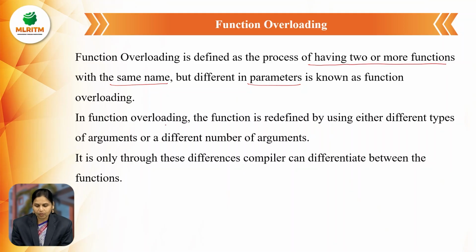So in function overloading, the function is redefined by using either different types of arguments or a different number of arguments. By using different types of parameters and a different number of parameters, we can differentiate the functions in function overloading.